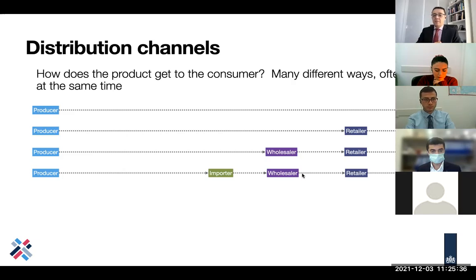Because legal requirements establish that if you want to distribute a product in the US, you absolutely must have a local presence. So there has to be a legally responsible entity established and operating within the US to distribute the product.